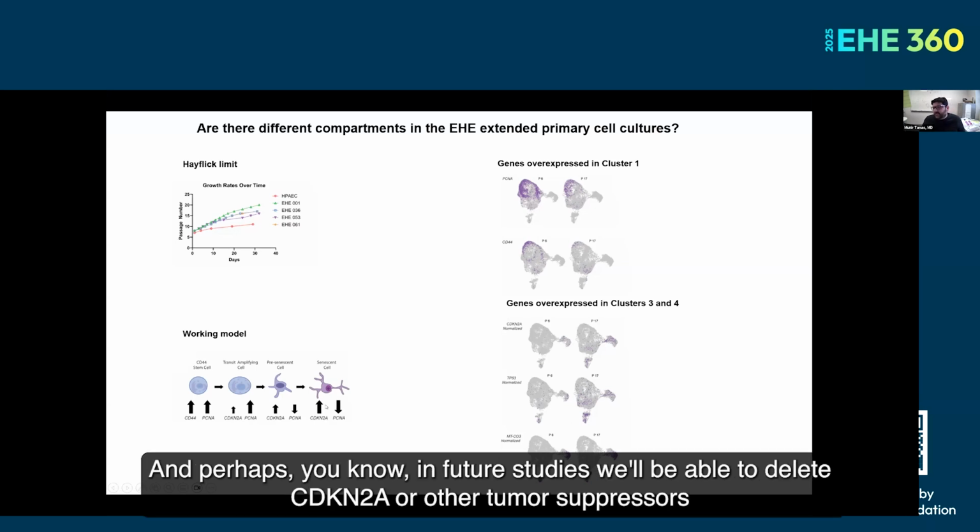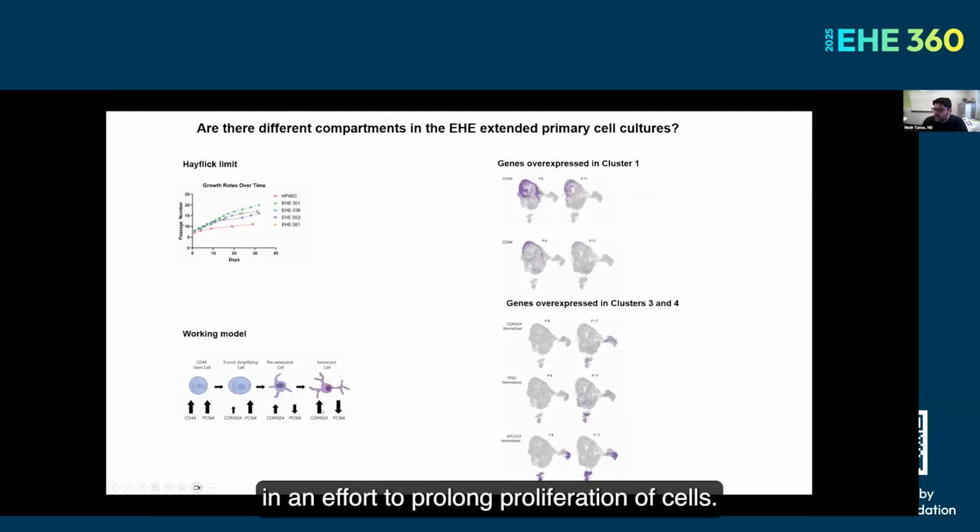Perhaps in future studies we'll be able to delete CDKN2A or other tumor suppressors in an effort to prolong proliferation of these cells. We're also working with other investigators to develop PDX models.